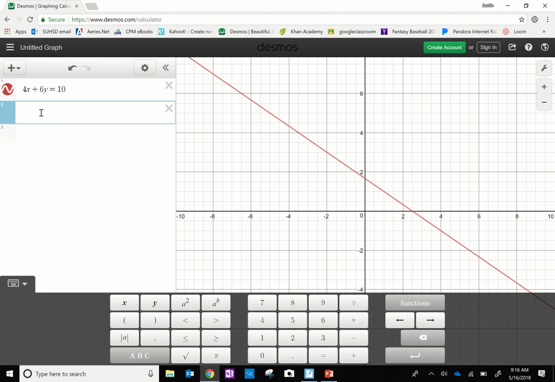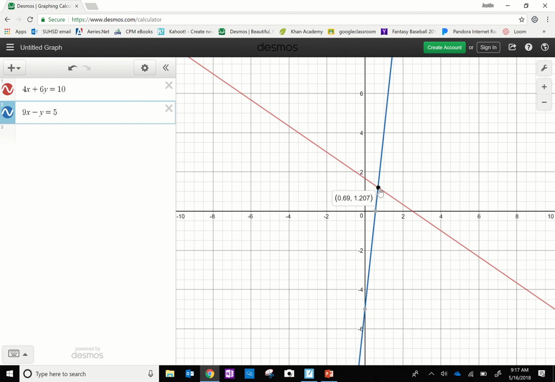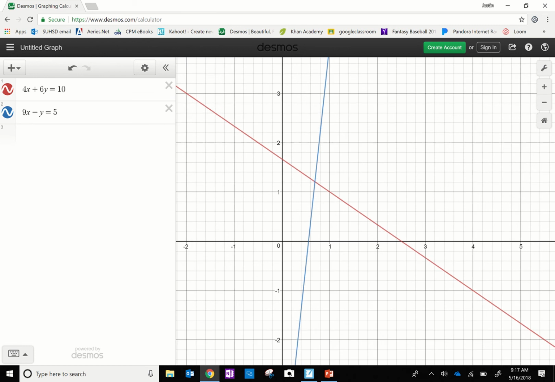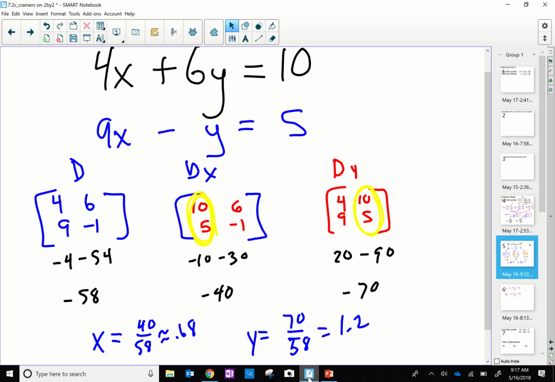What was the other equation, Wyatt? 9x minus y equals 5. Okay, let's see. Intersection is 0.69, 1.2. Yeah, I think that's right. Let me look back. Yeah, 0.68. I didn't round it, I just truncated it. But yeah, okay. So it works.